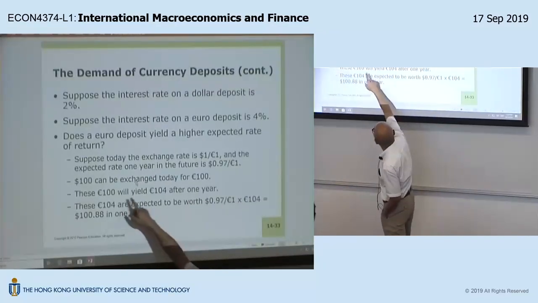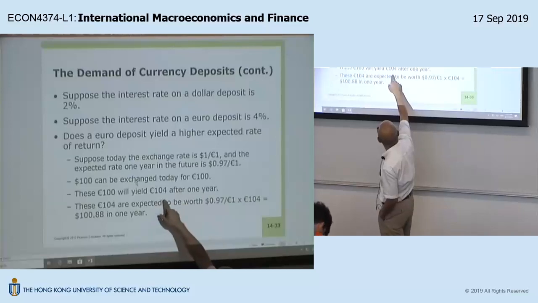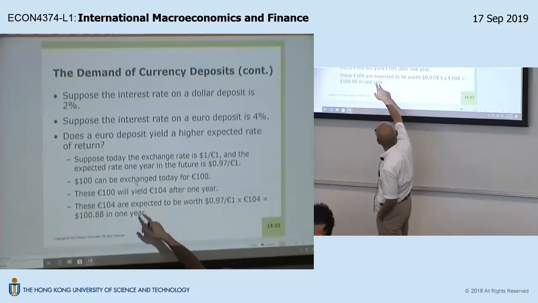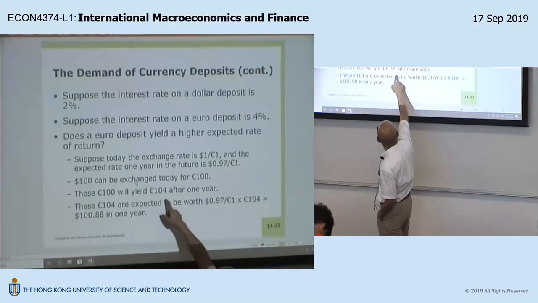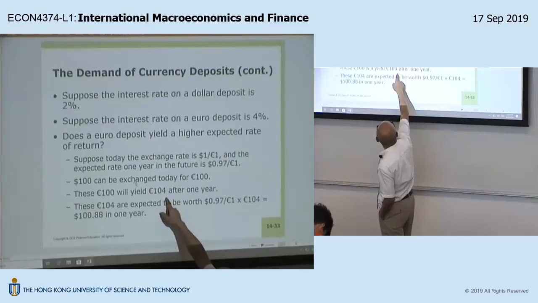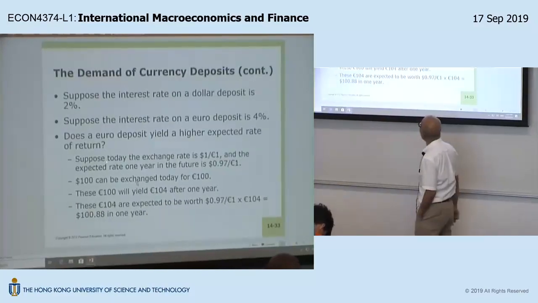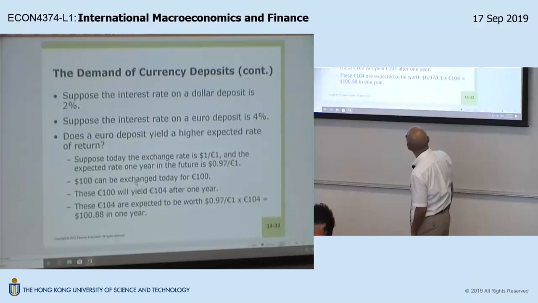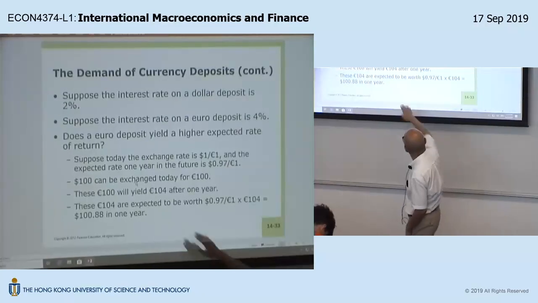So 100 US dollars can be exchanged to 100 euros, and with the interest rate of 4%, you get 104 euros.